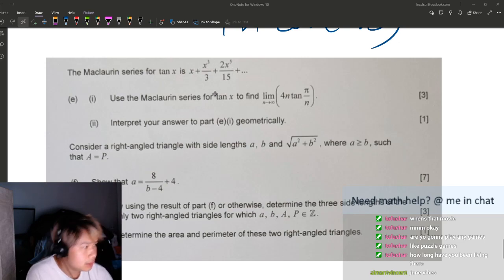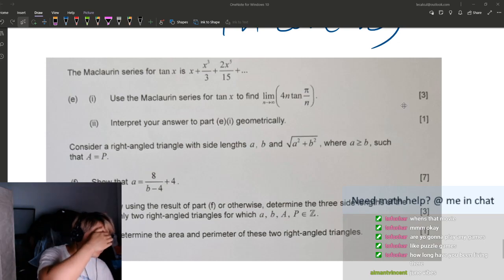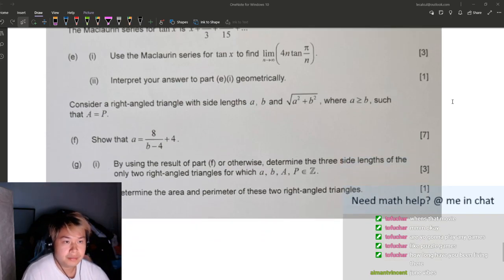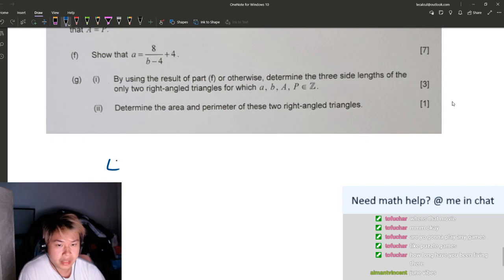So then we're going to use this Maclaurin series to find this limit. Okay, so 4n tan, and then this is pi over n, right?